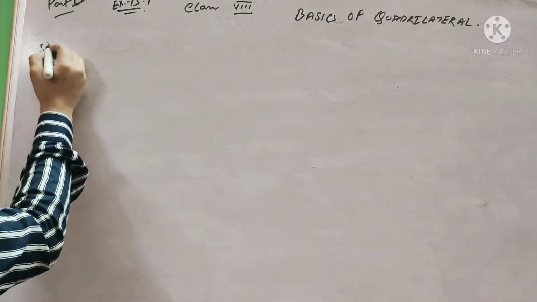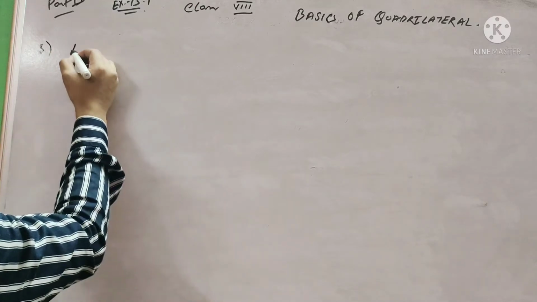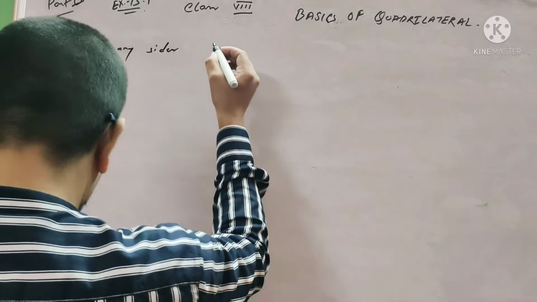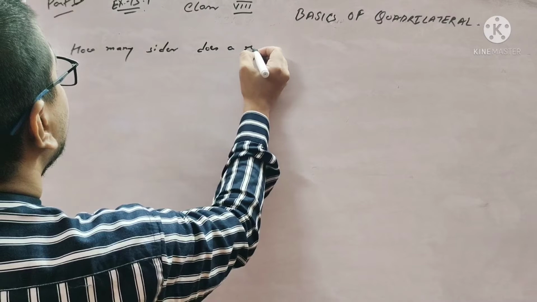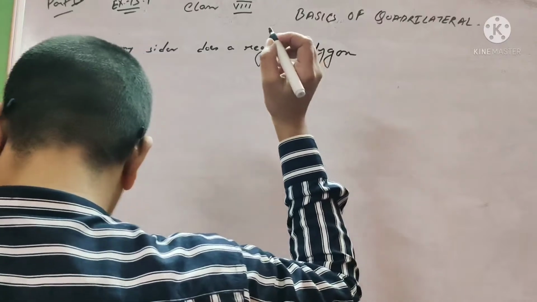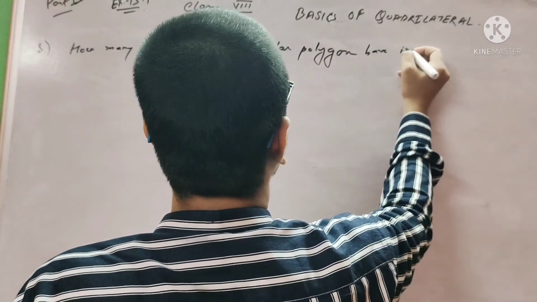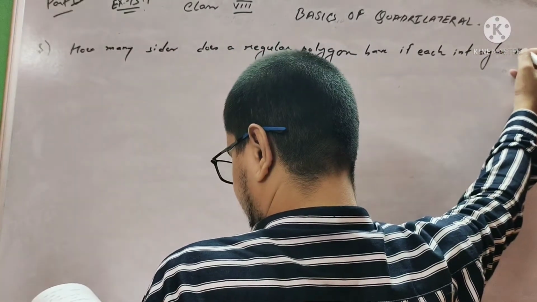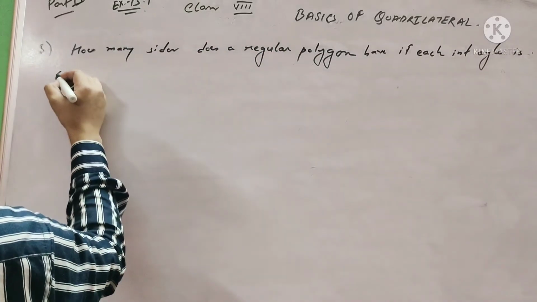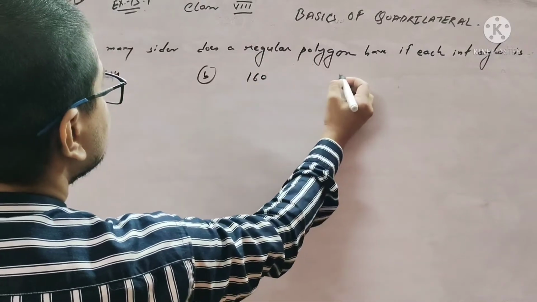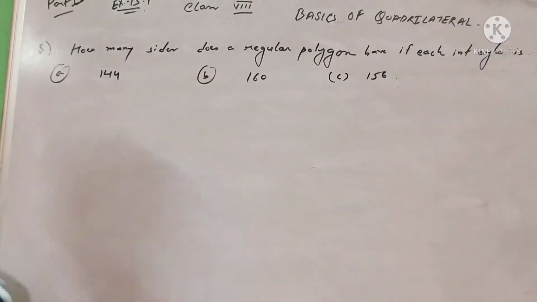In question number 5 you see, how many sides does a regular polygon have if each interior angle is A) 144, B) 160, C) 156? So how many sides of the regular polygon?